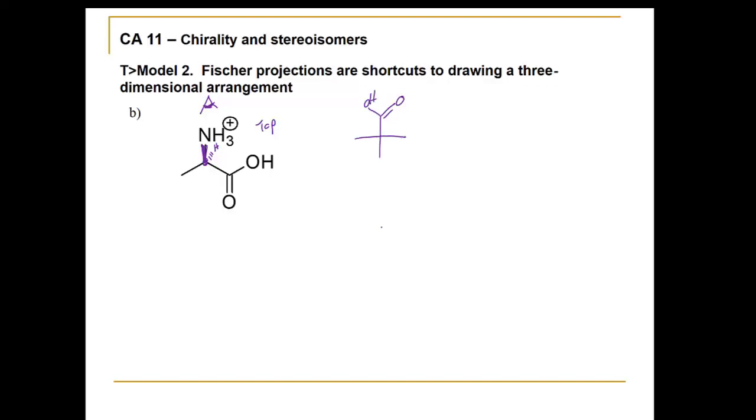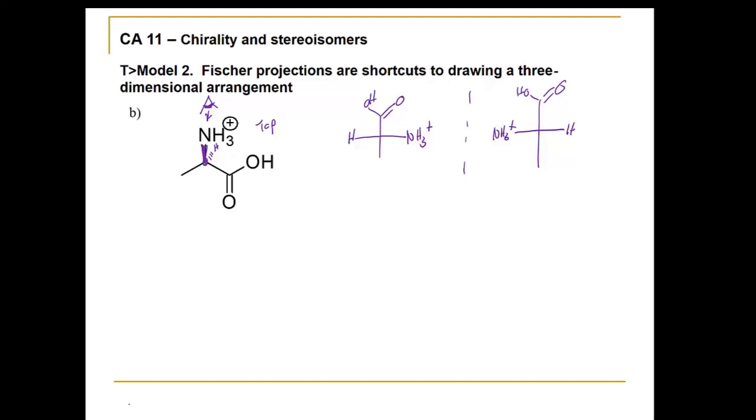I have a CH3 group, and if I'm looking down from my eyeball then, with this carboxylic acid on the top, well then I'll have the protonated amine over here and the hydrogen over there. In terms of the enantiomer, well then we've got the NH3 plus and the H and the carboxylic acid. Now perhaps one of the things that you might notice is it's actually quite efficient to draw a Fischer projection, and we're still giving the same information.